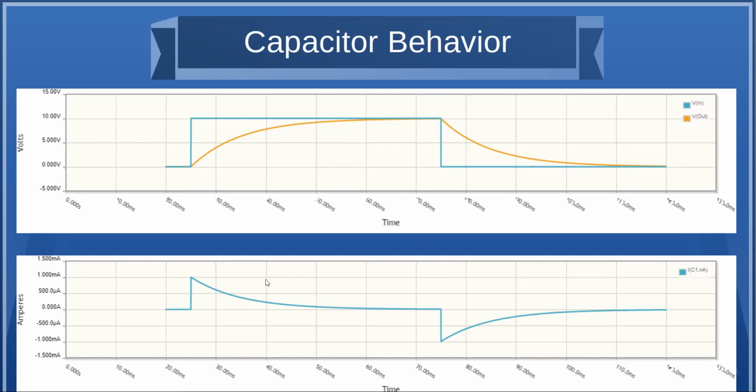And this plot is the actual current flow. So you see it instantly goes up to 1 milliamp, which is as much current as we're going to get through that 10K resistor. If I had a 1K resistor, it would be 10 milliamps. And it slowly decreases as the voltage charges.